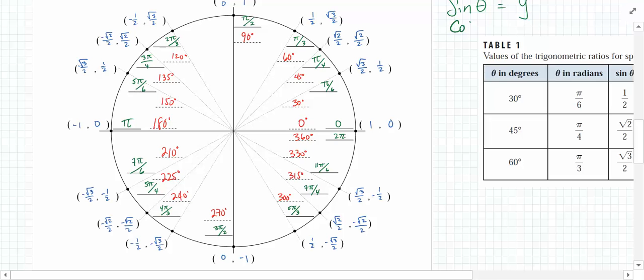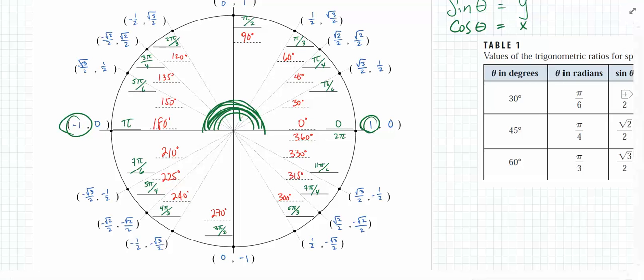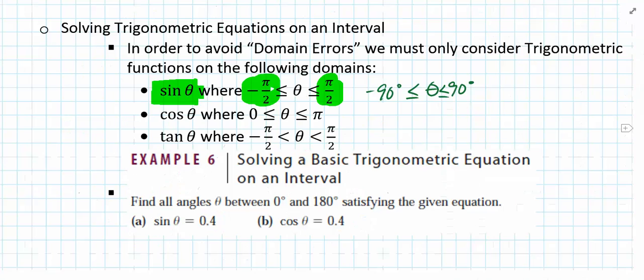Similarly, the cosine of any angle measure would be equal to the x values of our coordinates on the unit circle. And in order to achieve any value between negative 1 and 1, we can use any angle measurement in this region here, anywhere between 0 radians and pi radians, or between 0 and 180 degrees.